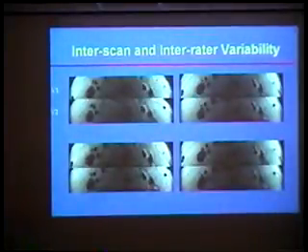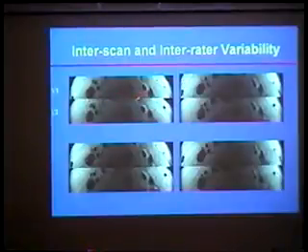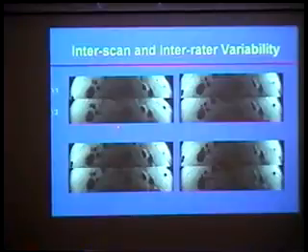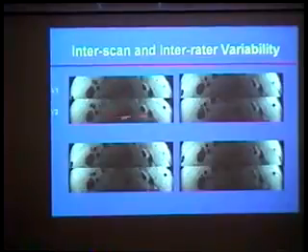And we have done an interscan variability study by bringing the same patient to the scanner twice within 2 weeks' time. The assumption is there is no significant change over this time. And these are what you can get from time 1 versus time 2 at different locations from the same subject.